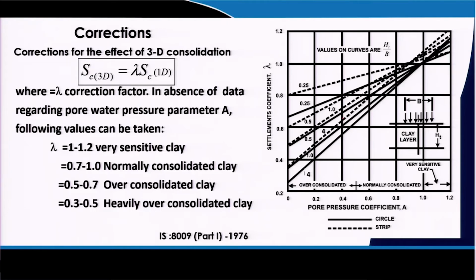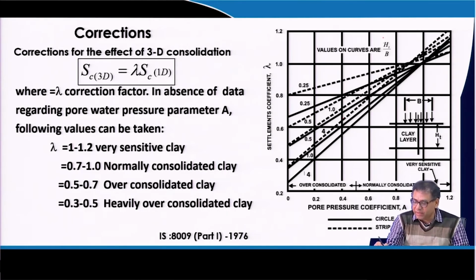For circular or square you use the firm line, for strip you use the dotted one, and for a rectangular footing you can interpolate the values. So if you have the H by B ratio and the A value, you can calculate the coefficient lambda by using this chart.